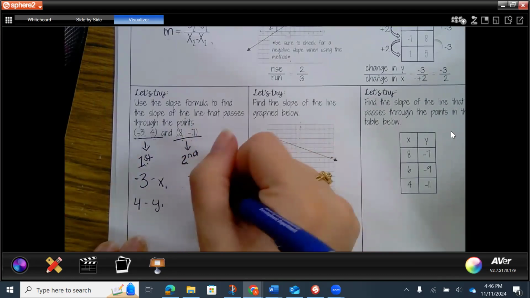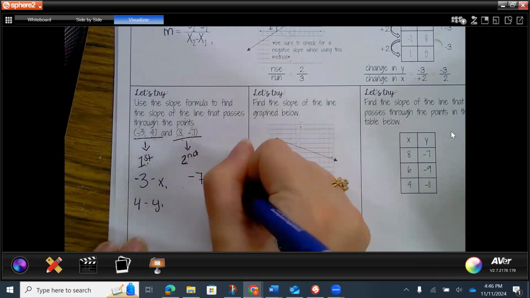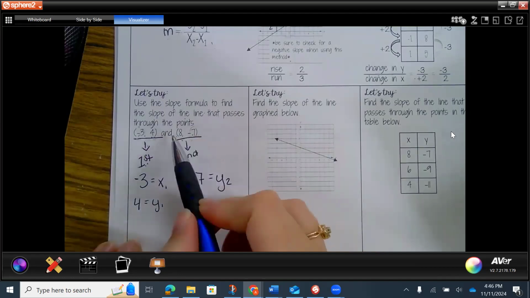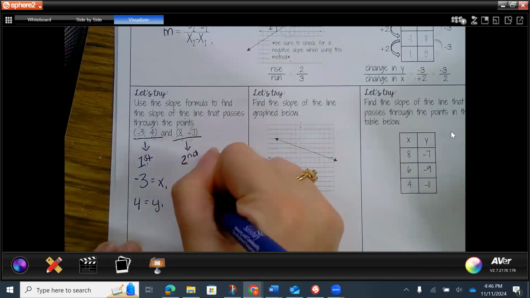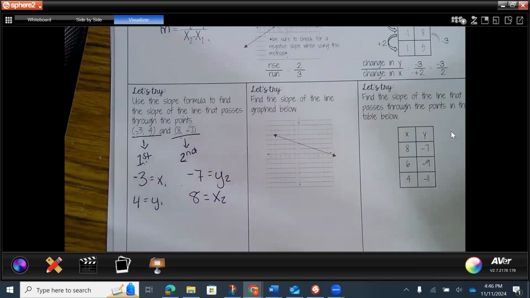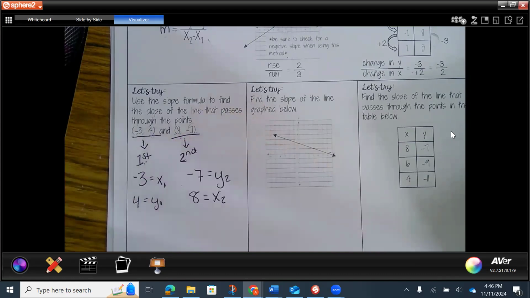Sorry, guys. -7 is the y on my second point. So this is my y2. Let me turn these into equal signs. And then my 8 is my x2. So I probably mixed this up a little bit, but that just means you guys need to pay extra close attention as we are putting things in order.